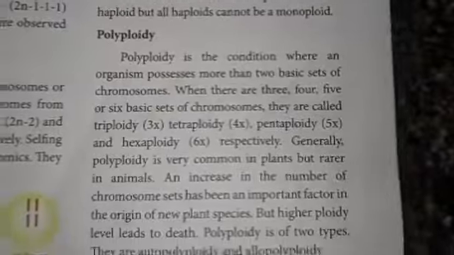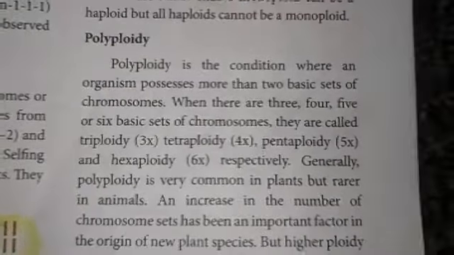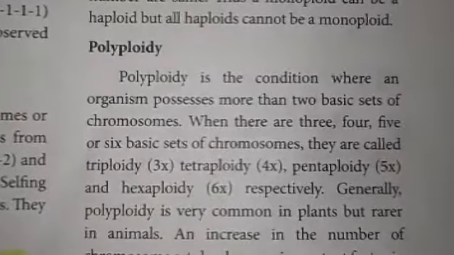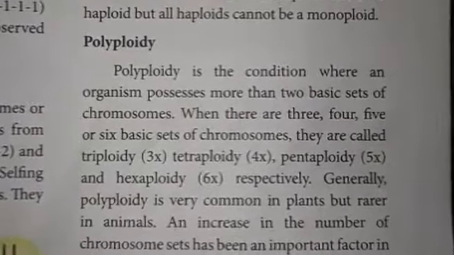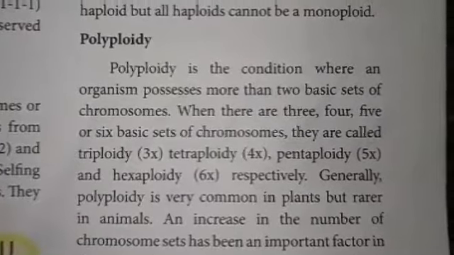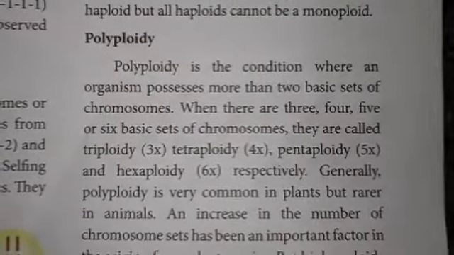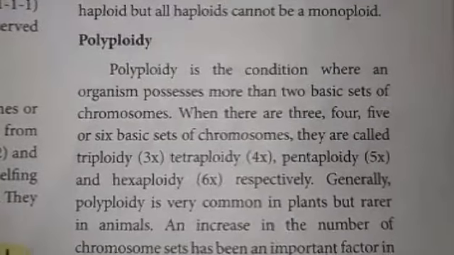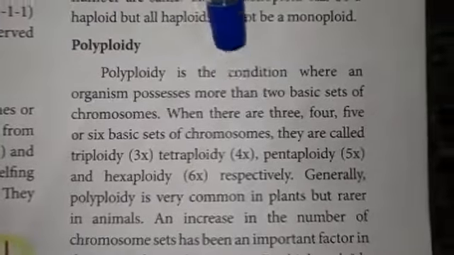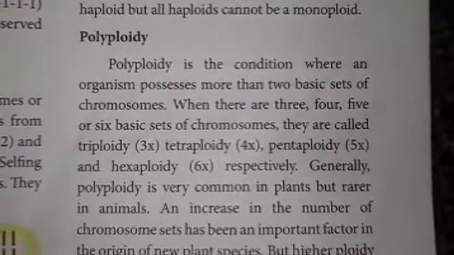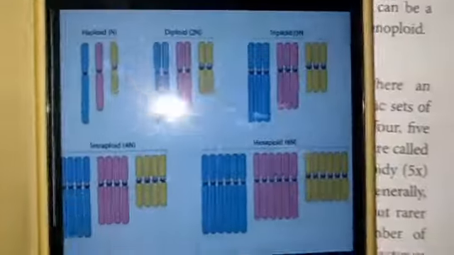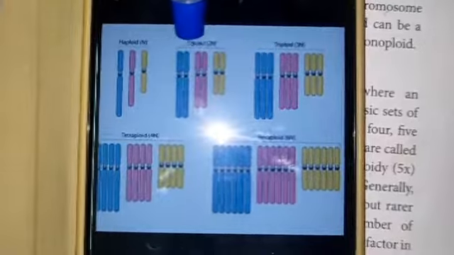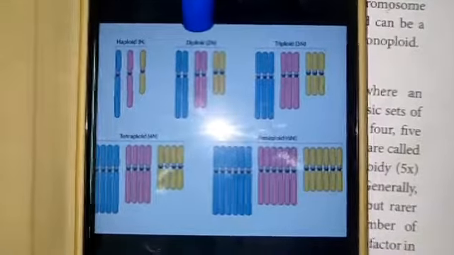The next topic is polyploidy. Polyploidy is the condition where the organism possesses more than two basic sets of chromosomes. That is, more chromosome sets occur. Haploid has one set, diploid has two sets.